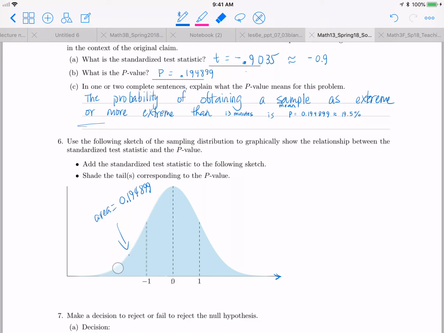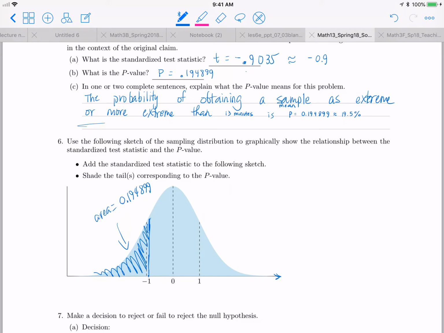That's why it's so important to not just plug and chug, but to check yourself because you know that p corresponds to a probability. So we need this to be closer to negative 0.9, which is over here. And now it's totally reasonable that this is 20%.